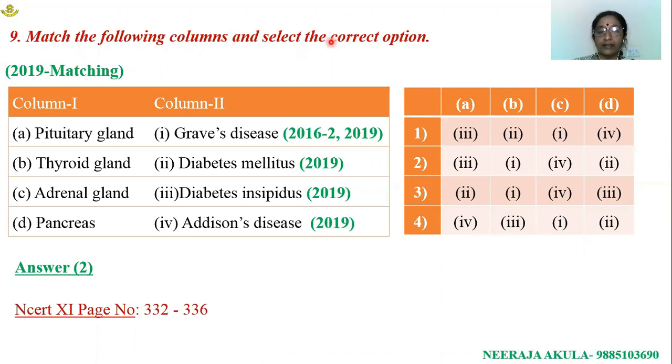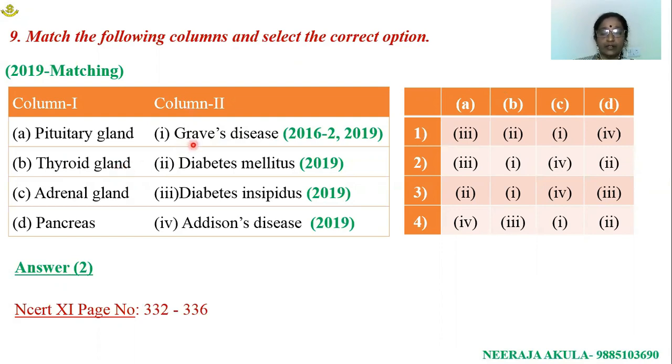Match the following columns and select the correct option. Column 1: pituitary gland, thyroid gland, adrenal gland, pancreas. Column 2 reveals the abnormalities associated with hyper or hyposecretion of these glands. Thyroid gland, Graves' disease.